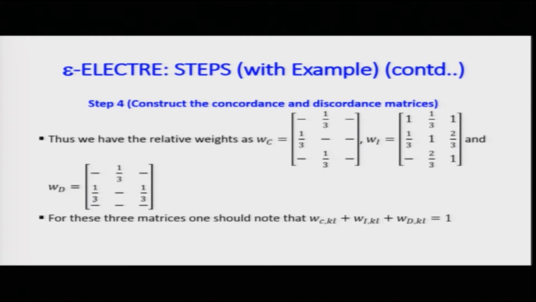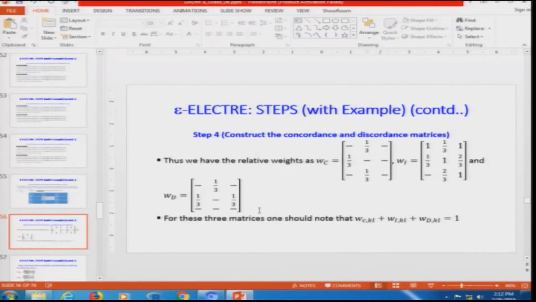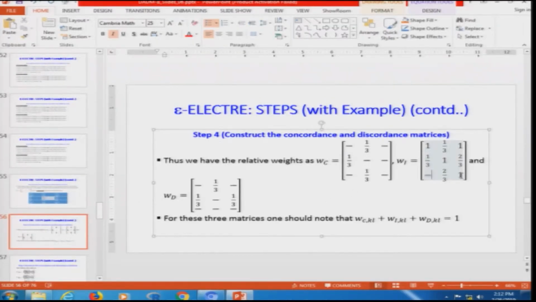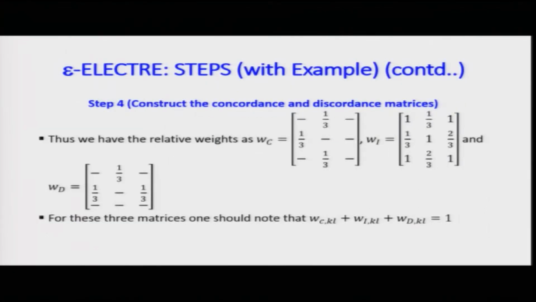It should definitely be 1 here also, my mistake. I will verify that. 2/3, 1/3, yeah. So now, dash 1 dash is 1, then 1/3, 2/3, dash is 1, and dash 1 dash is 1. So, all these values come out to 1.